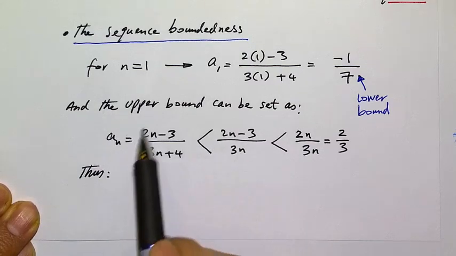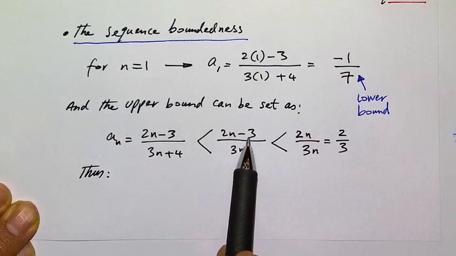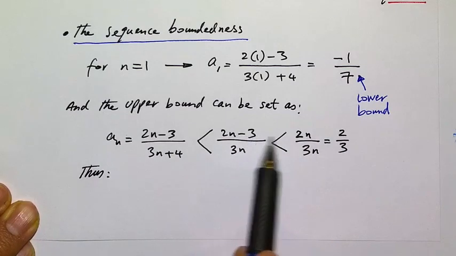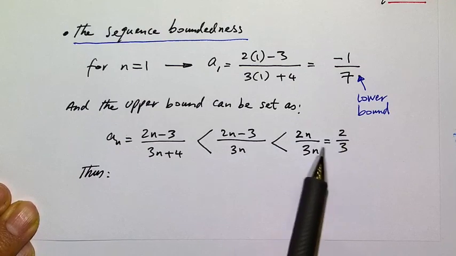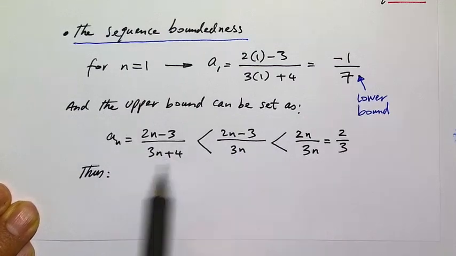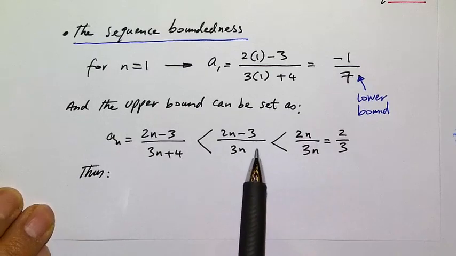So this quantity will always be larger than that. Here, we made the numerator larger because we took away the minus 3. So this quantity, or the simplified version of it, 2/3, will always be larger than this. So definitely the original sequence is bounded above by some value.